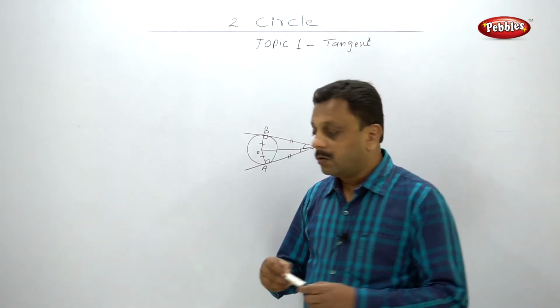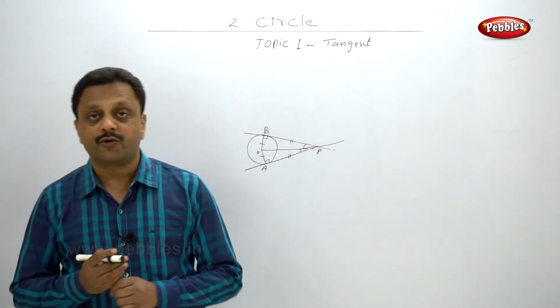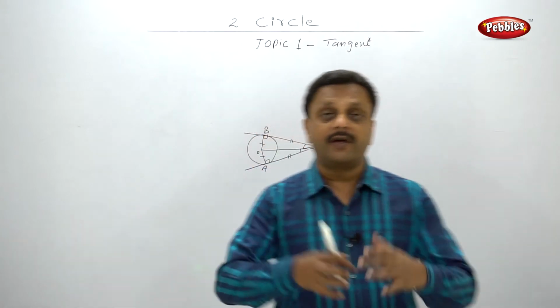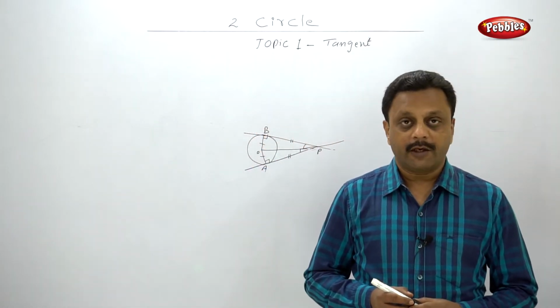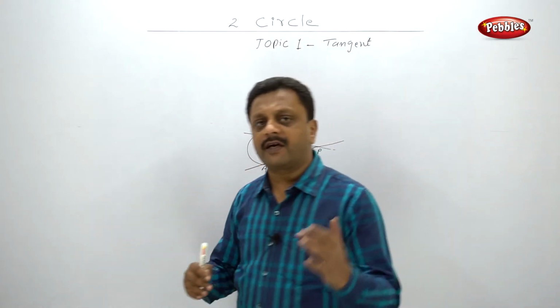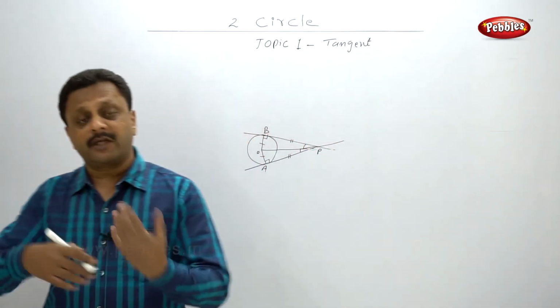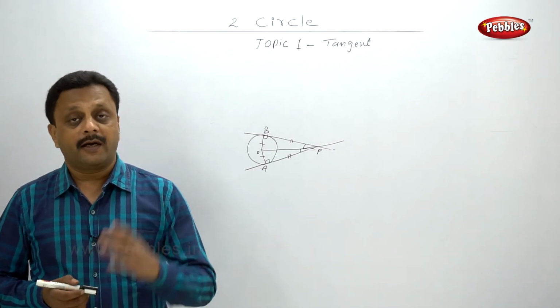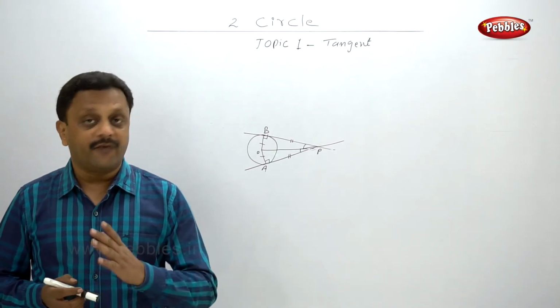Okay, so whatever figure you are given, you should always think what else I know in this particular figure, or if I draw some parallel lines or connect some points, can I prove something different? That you have to think and find out in every figure.